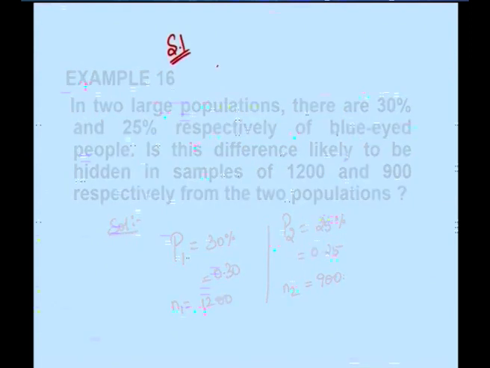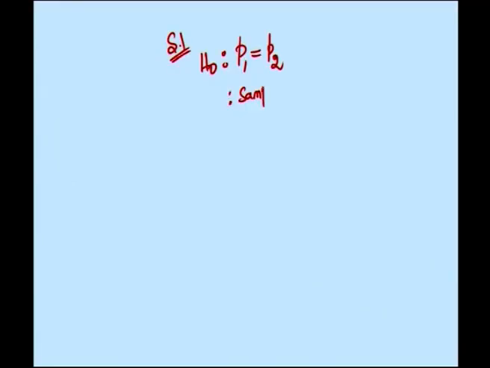Okay. Now, with these values you have to calculate the Z value. So, first of all we will set up H naught. H naught is that capital P1 is equal to capital P2. Now, since capital P1 and P2 values are given, we say that small p1 is equal to small p2. There is a slight difference in the null hypothesis: population proportions are always taken as equal in the null hypothesis. Since population proportions are given and you are asked to test whether the sample proportions also differ similarly to the population proportions, we have to take the sample content for the null hypothesis.